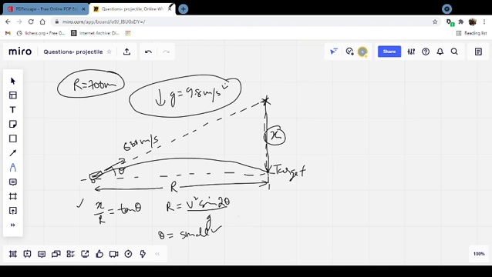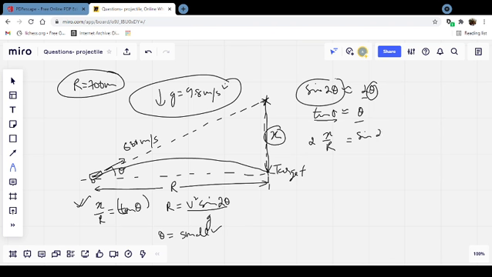So since theta is small, we can say that sine 2 theta is nearly 2 theta, and tan theta is also nearly theta. Tan theta is nothing but x by r, and 2 times theta is sine 2 theta.